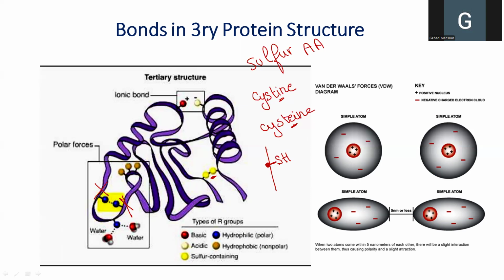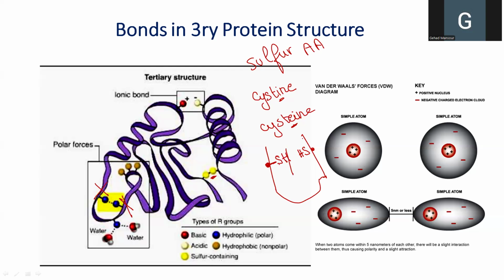So if this is one segment of the polypeptide chain, and this is another segment of the polypeptide chain, why am I saying this? Because in the tertiary structure, it's only one polypeptide chain, but there might be segments that come close to each other. And it happened accidentally that this sulfhydryl group and that sulfhydryl group are in front of each other.